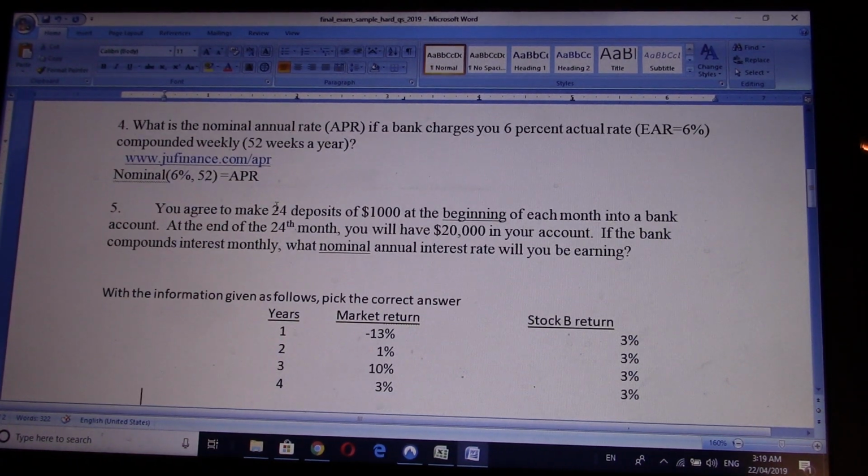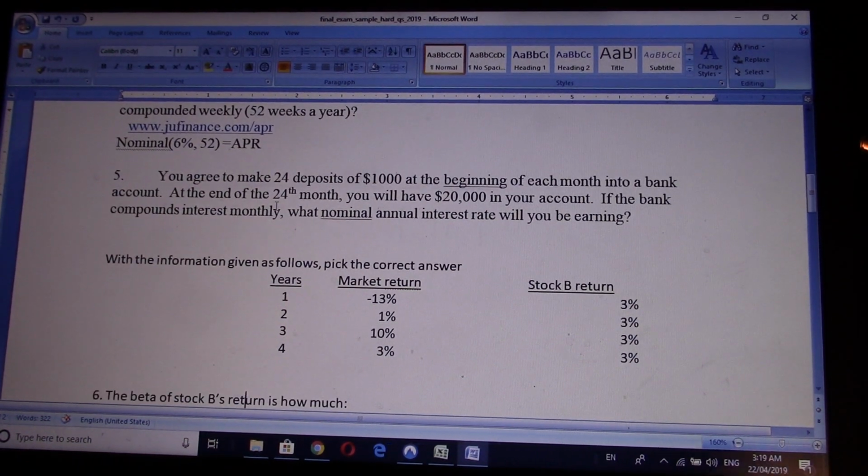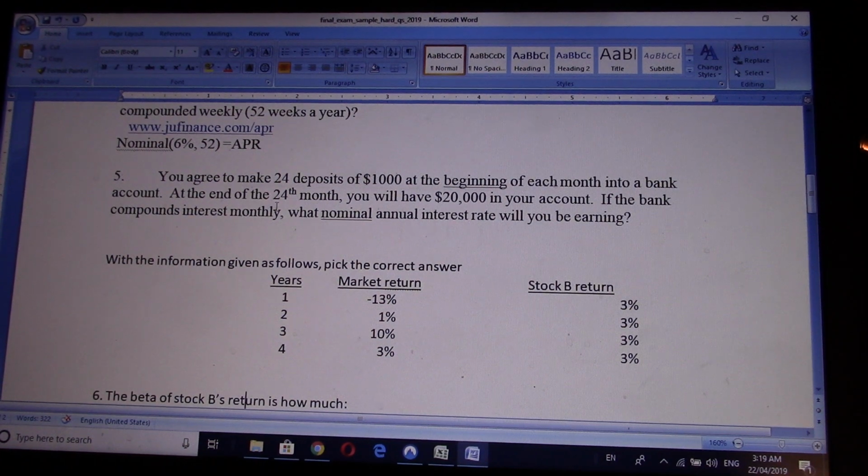Number 5. You agree to make 24 deposits of $1,000 at the beginning of each month into a bank account. At the end of the 24th month, you will have $20,000 in your account. It's compounding monthly. What nominal annual rate will you be earning?